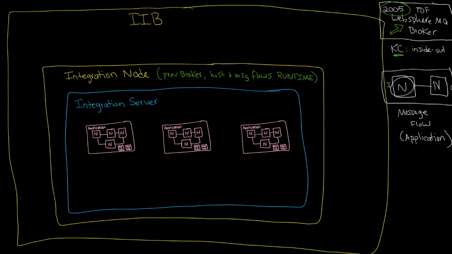Now, the integration server was formerly called an execution group, and in some ways that's actually a nicer way to understand what it was doing. Once you have created your applications down here, then the server's job was to go out and execute them.